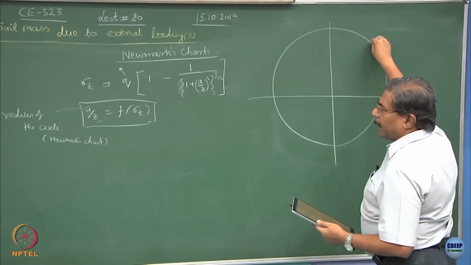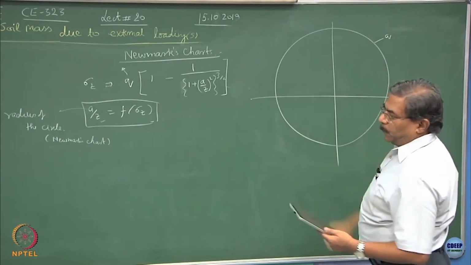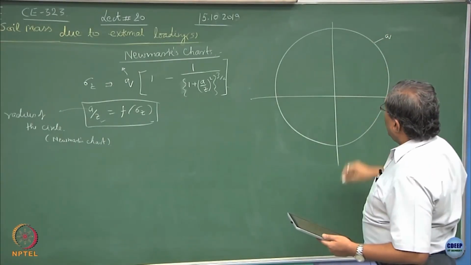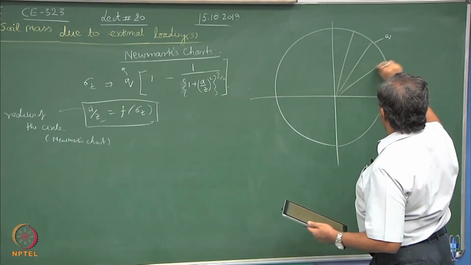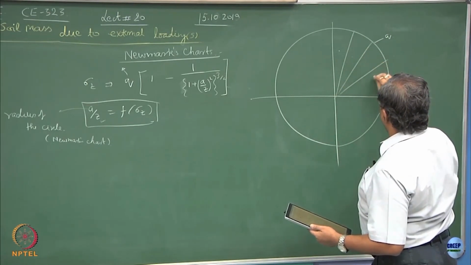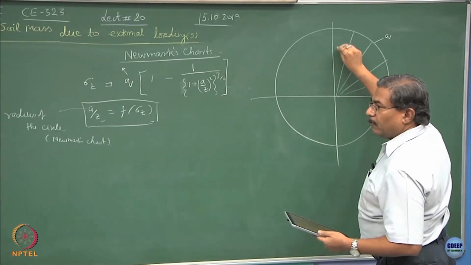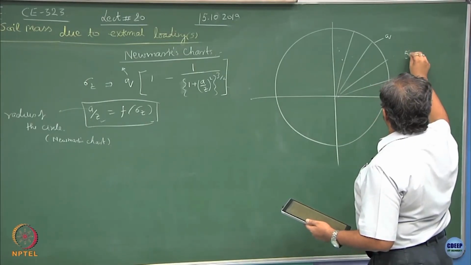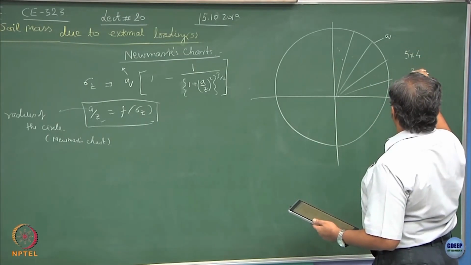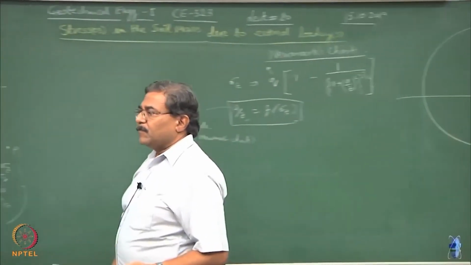Now, this is uniformly distributed, let us say with the loading q. I can create here 4 radials, 1, 2, 3, 4, and 5 sectors. So, 5 sectors and 4 radials give me 20 units, fine.